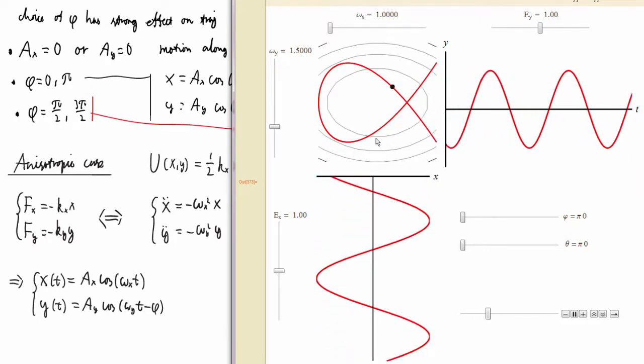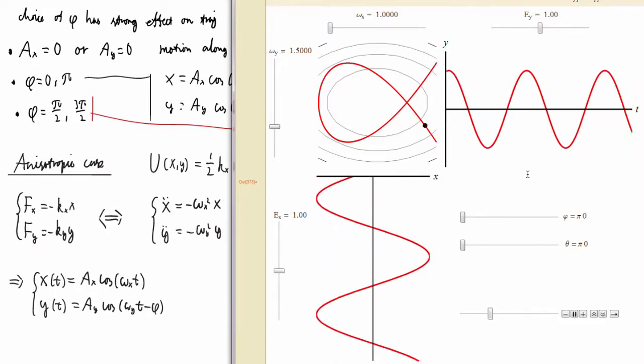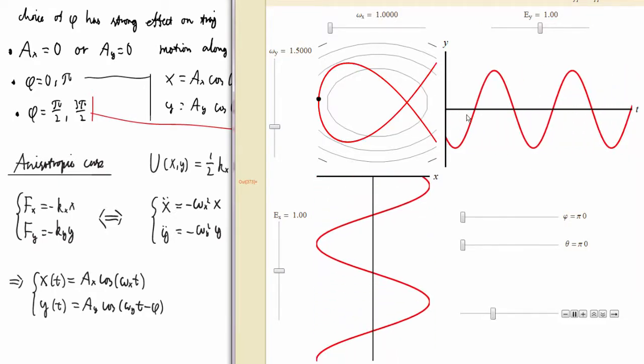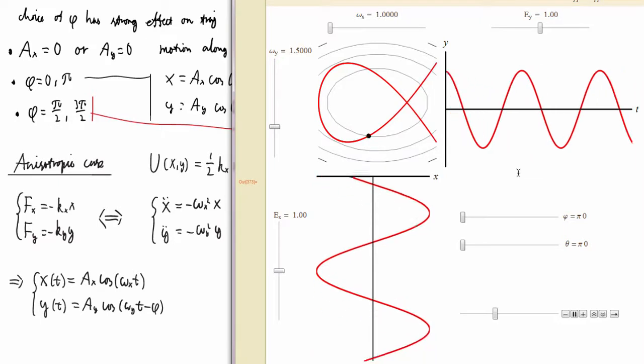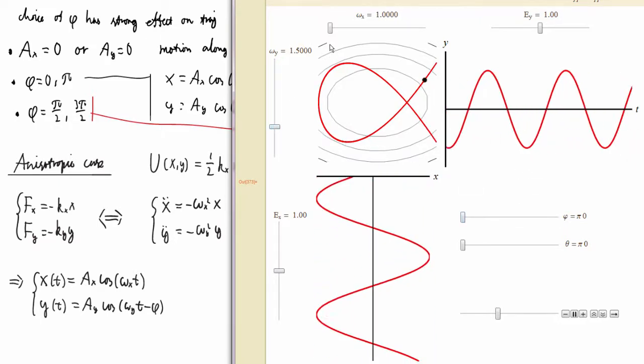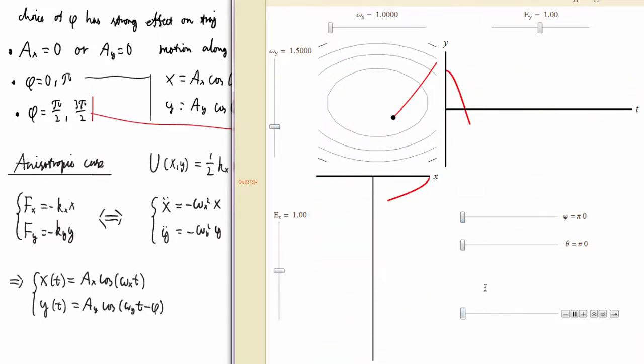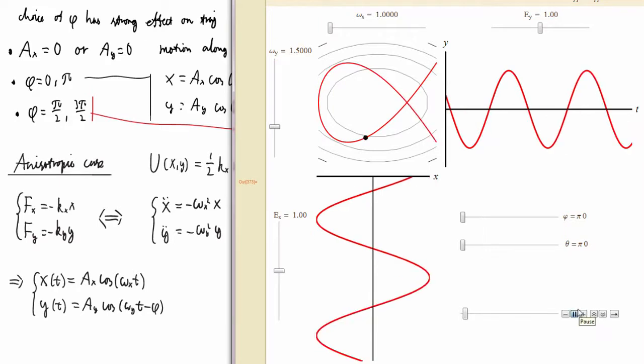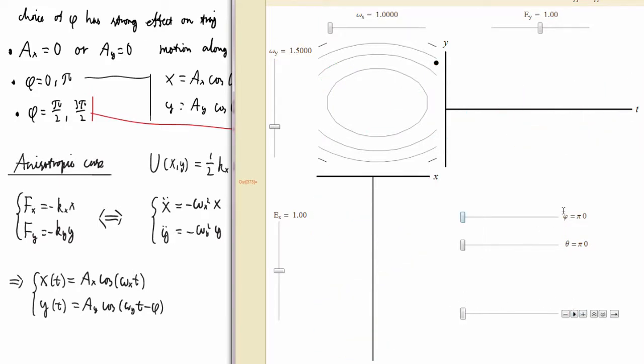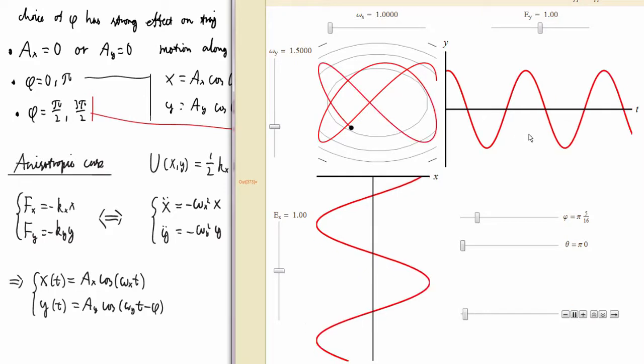knot shape, and what that knot shape looks like changes depending on exactly what choices we make, both for the initial conditions and for the frequencies. So for instance, if I pick a different initial angle here, different phi, I get a different behavior.